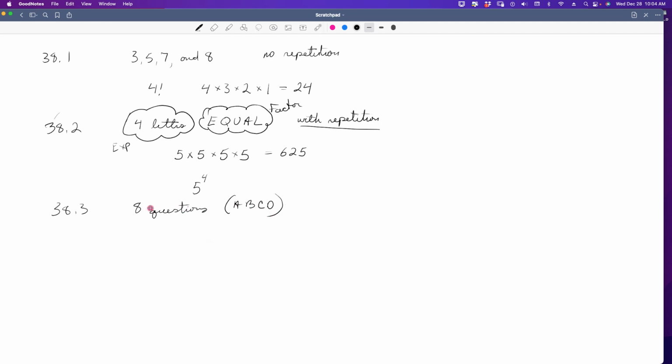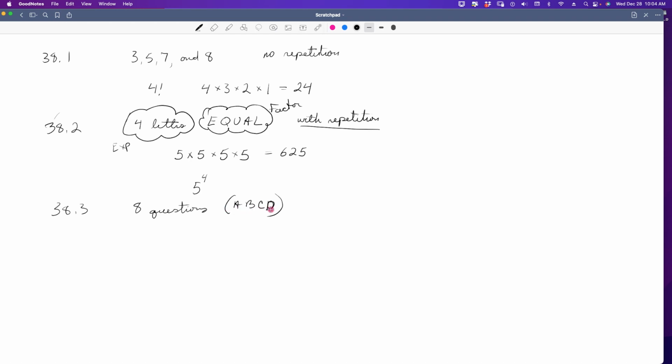So this is one of those where you have to look at the question and decide for yourself, does this have repetition or does it not? Obviously, you've got 4 members with 8 questions, so some of these are going to be repeated, right?